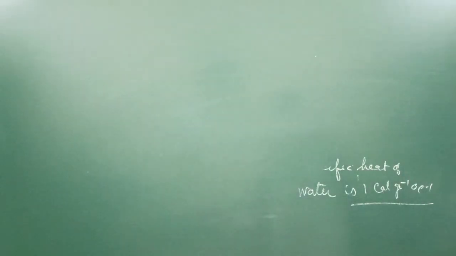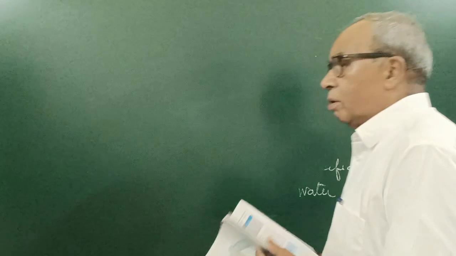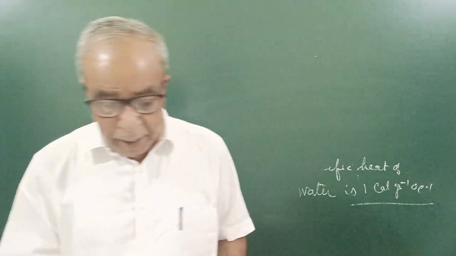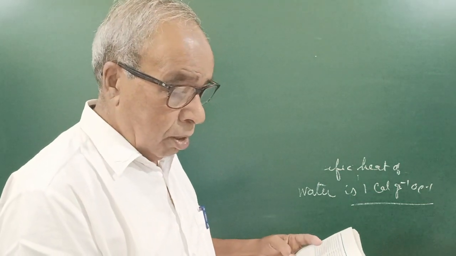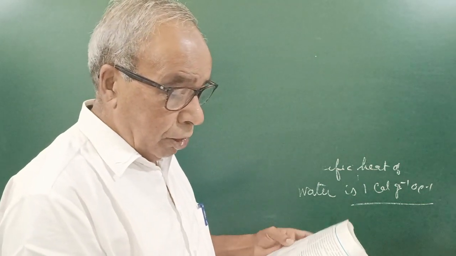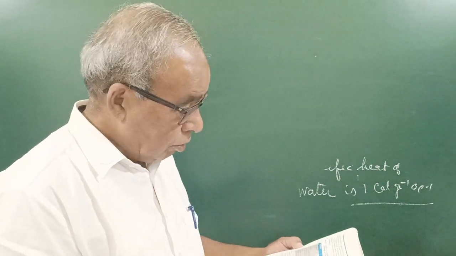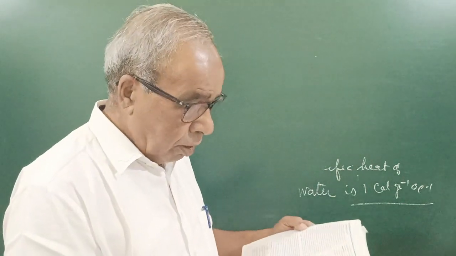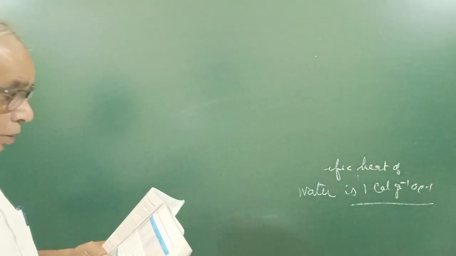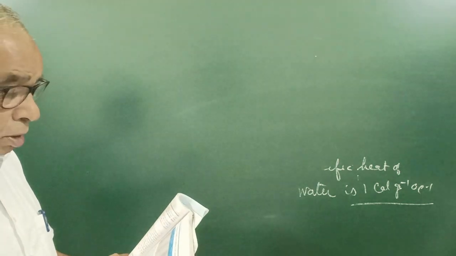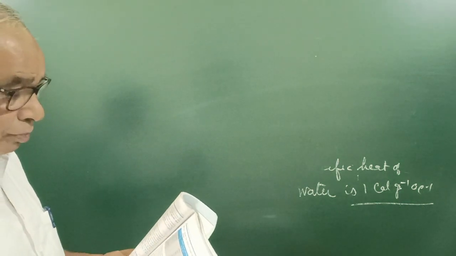Actually, specific heat varies from one material to another. Water has maximum specific heat among all solids and liquids. Here is a table in the NCERT book in which you are given specific heat of solids and liquids. It is given in joule per kg per Kelvin.